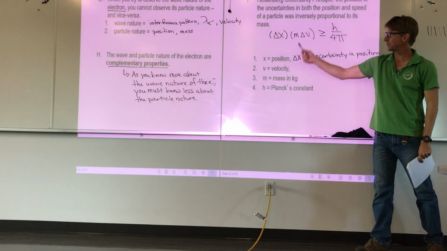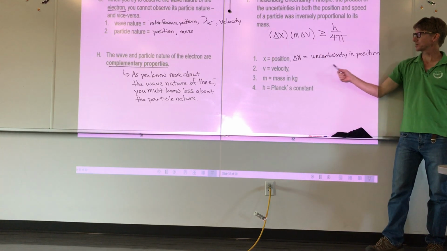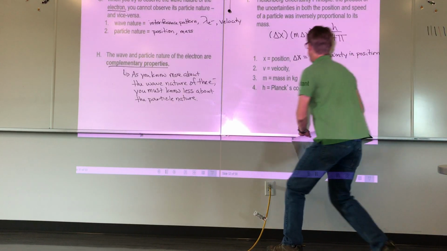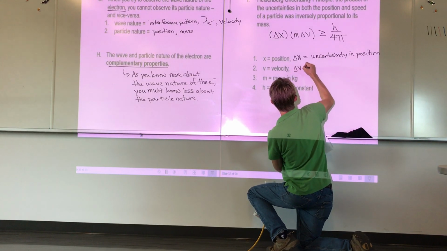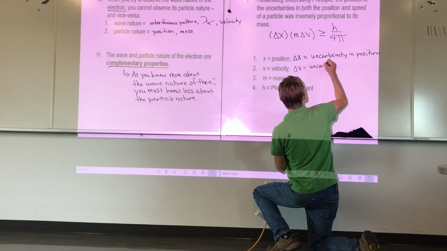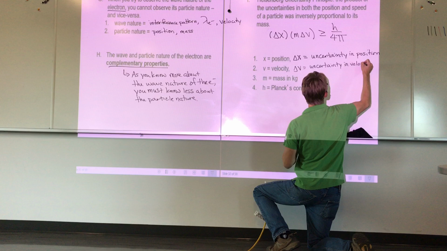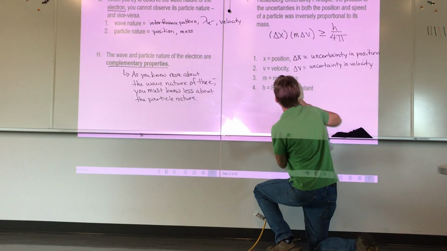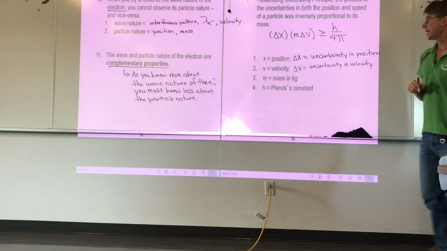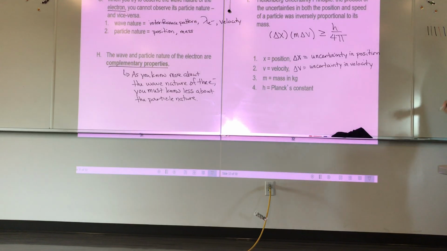V is velocity, delta V is going to be uncertainty in velocity. M is mass in kilograms, h is Planck's constant, and pi is pi.